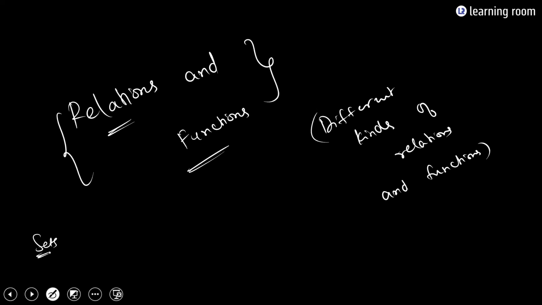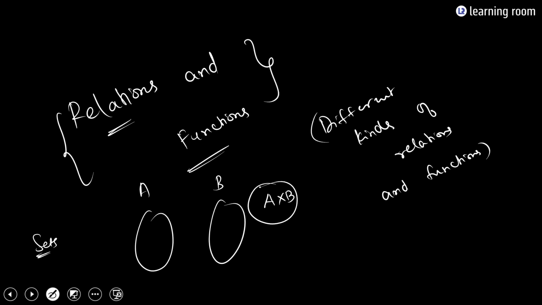Between two sets that are given to you, what is the operation you can perform between them? You will perform something called A cross B.